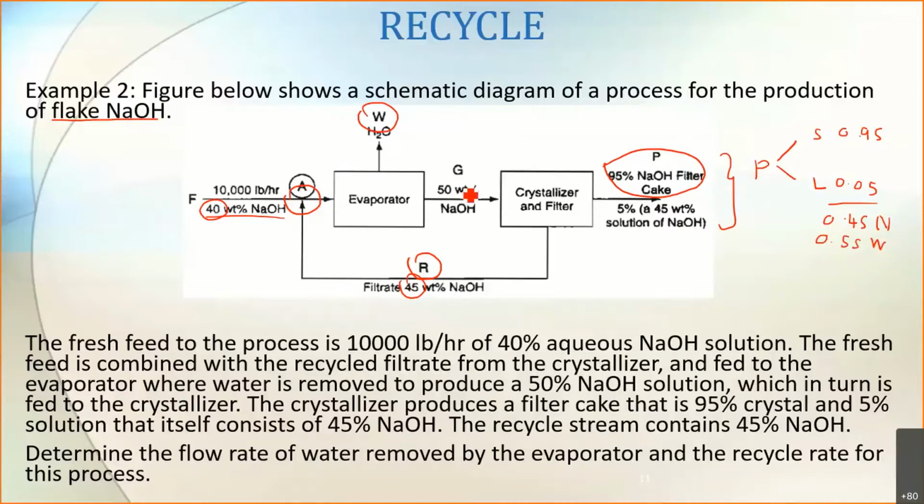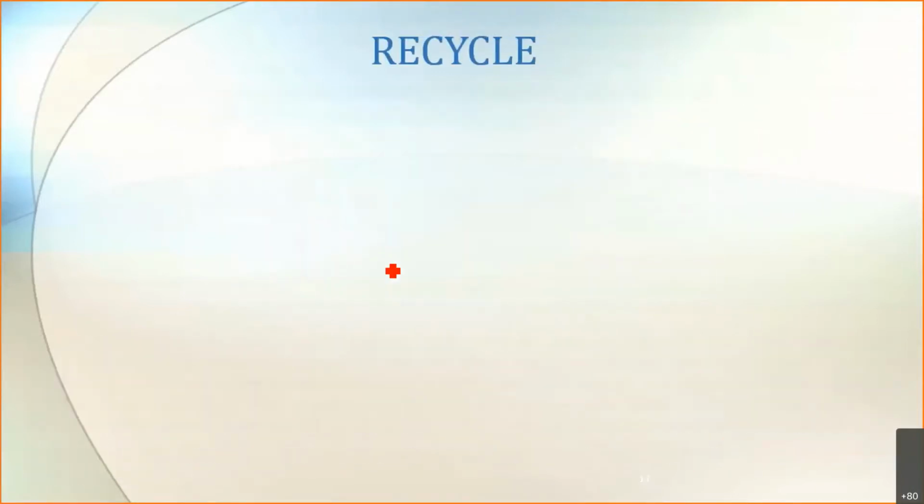Okay, so again, make sure that even if this figure is not given to you, you should be able to draw and label completely a flowchart based on the information given in the question. Now, the question is asking us to calculate the value of W and value of R. So again, I will always advise you to draw again your diagram, and then we try to find how many systems that we can have.